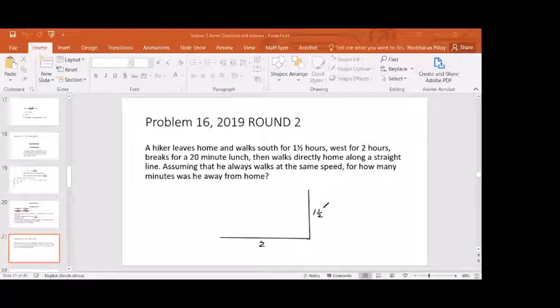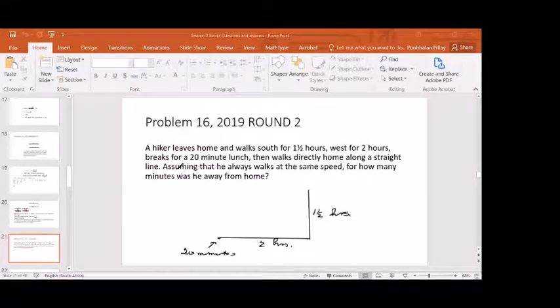So these don't represent distances, they represent time, hours. And he takes a break for 20 minutes. So at this point here, he sits down and has his lunch for 20 minutes.